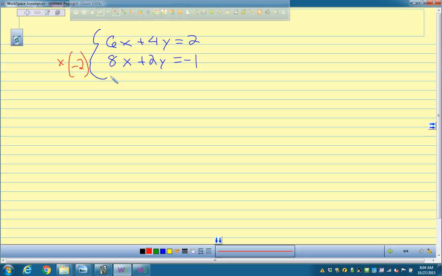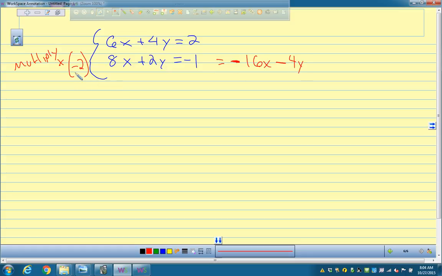And when I add them together, things are going to disappear. So multiply by -2. Doing that, -2 times 8x, which I can do as long as I'm doing the same thing to every term in the equation. -2 times +2 makes -4y.